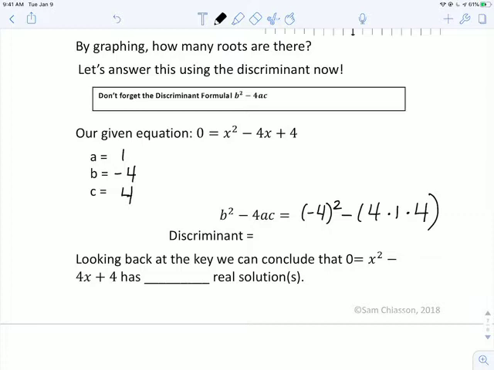And I'm getting -4 squared is a +16 minus 4 times 1 times 4 is 16, and 16 minus 16 is 0. And if we look back at what we said earlier about the discriminant, we said that if your discriminant is equal to 0, then your quadratic has one real solution.